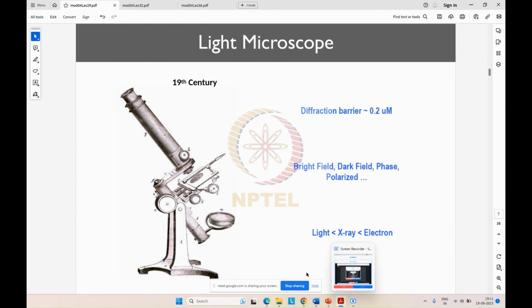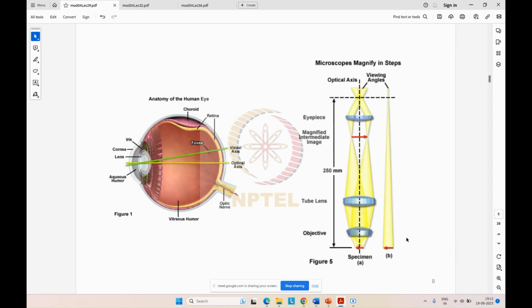Of course, apart from light microscopes, there are other methods of imaging samples such as X-ray diffraction or electron microscopy. But we would not be discussing all of this here.